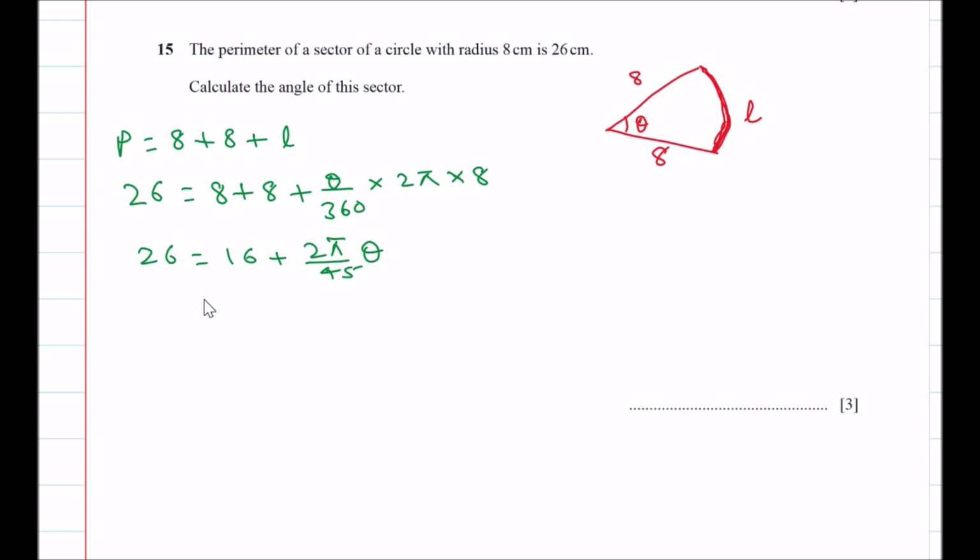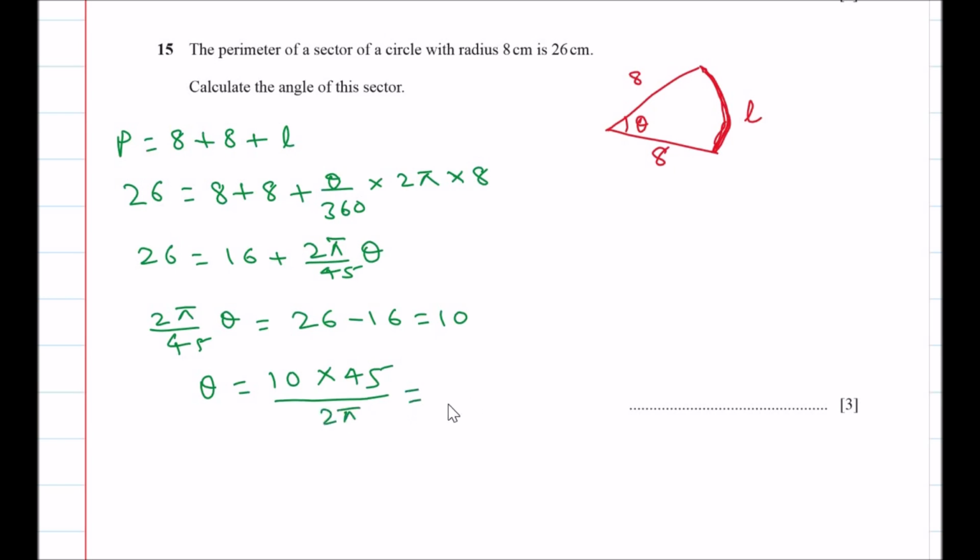Now we have to make theta subject. So let us shift 16. So 2 pi by 45 theta is equal to 26 minus 16, that is equal to 10. So theta is equal to 10 into 45 divided by 2 pi.